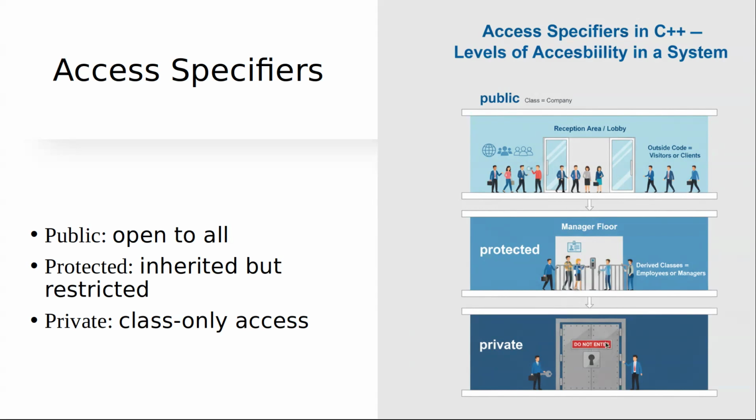Only the CEO, or in our case the class itself, can access what's inside. Members declared as private are hidden from everything outside the class, including derived classes. This system of access control helps us protect data, organize code, and enforce encapsulation, one of the main principles of object-oriented programming.